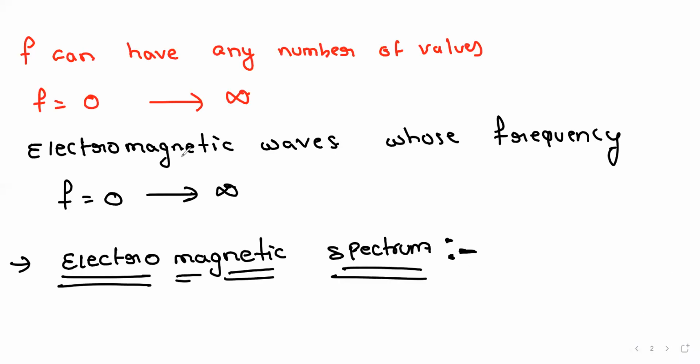So if we vary the frequency of the oscillations of the charge from 0 to infinity, we get electromagnetic waves with different frequencies, varying from 0 to infinity. All these electromagnetic waves combined are called the electromagnetic spectrum.